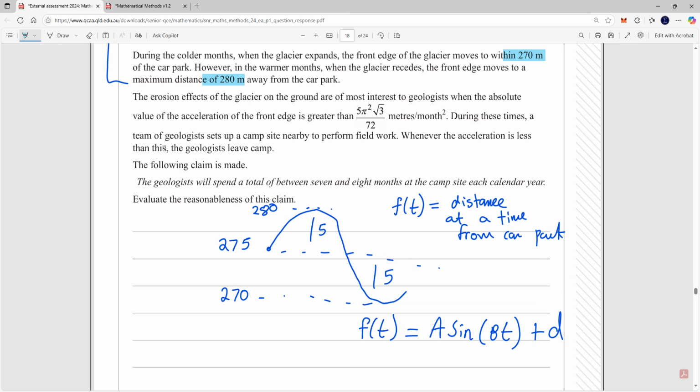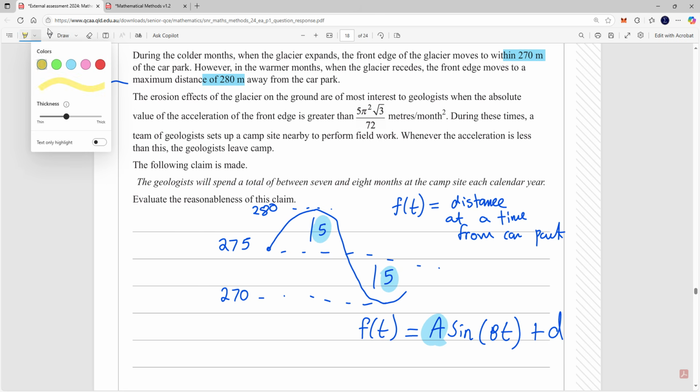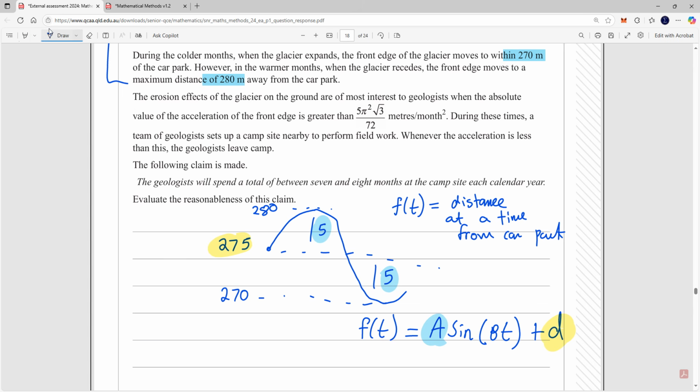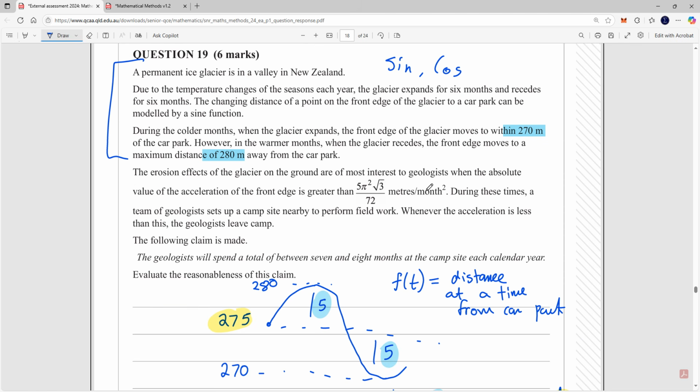We already know 2 of these terms: the amplitude and the midway point. We just need to work out how compressed this is over a year. Now remember, this is over a whole year, okay?